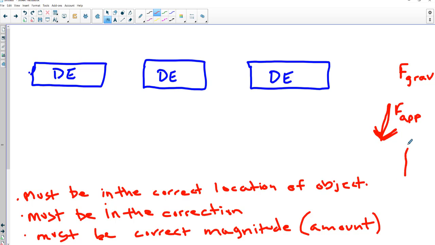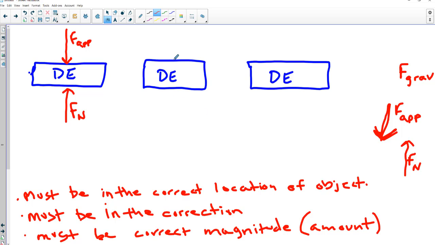And then we have force normal, force N or force normal. You could write it out either way, going up. So it would be correct if we drew a free body diagram like this, if we said force applied and force normal.